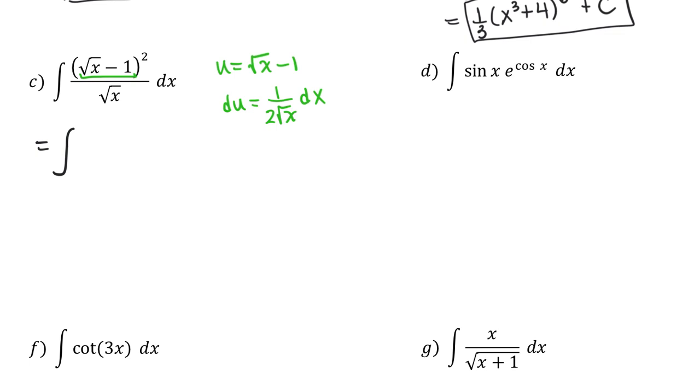So let me change this by moving the 2 to the other side, so that it looks more like my original expression: 2 du. Okay, now I have 1 over root x dx, and I can replace that with 2 du.